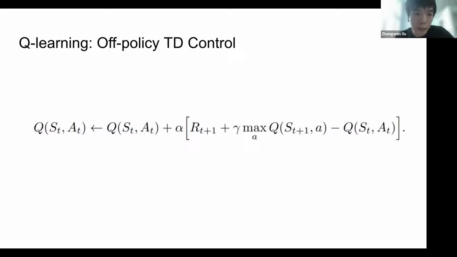We have another algorithm in TD control, which again uses bootstrapping to learn the Q values, so that you can make a decision at the current time step.